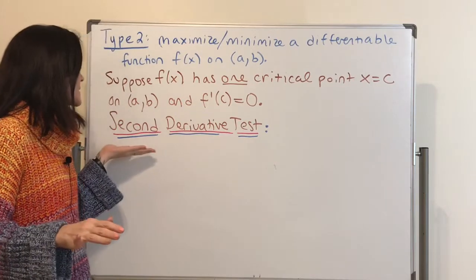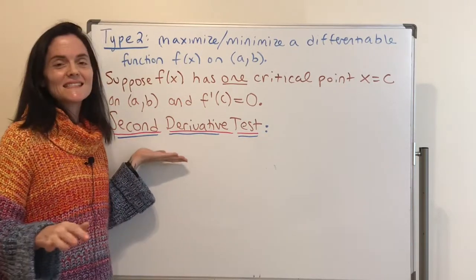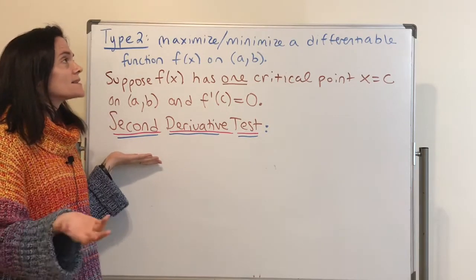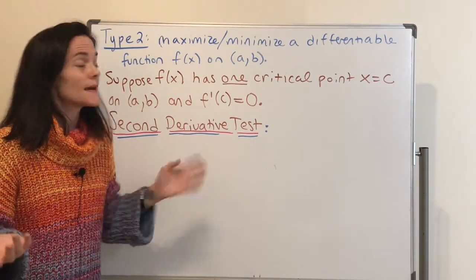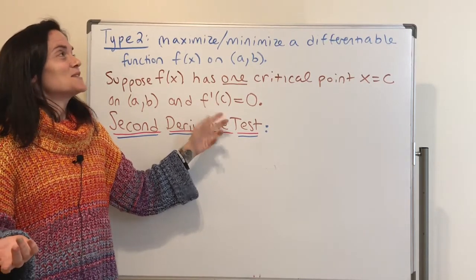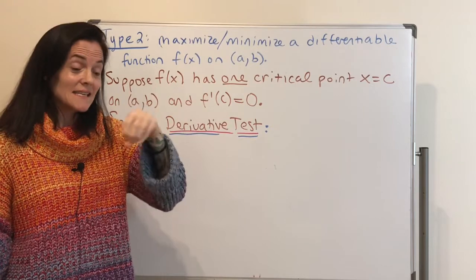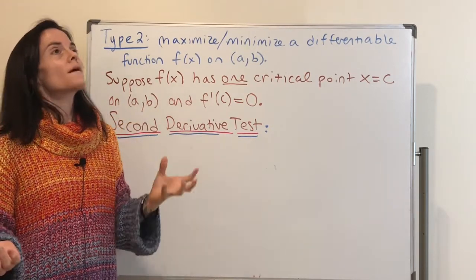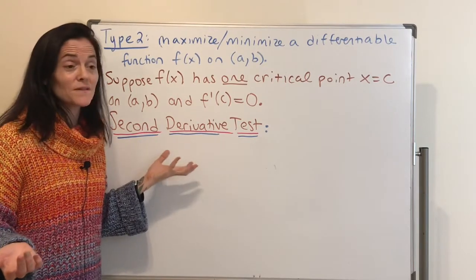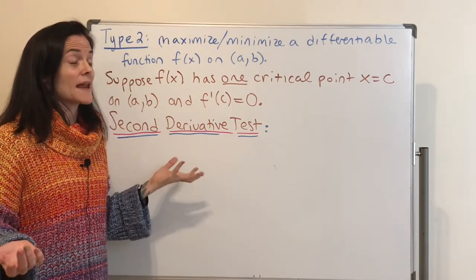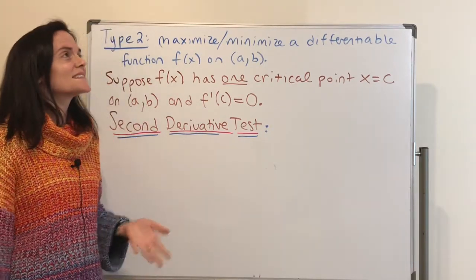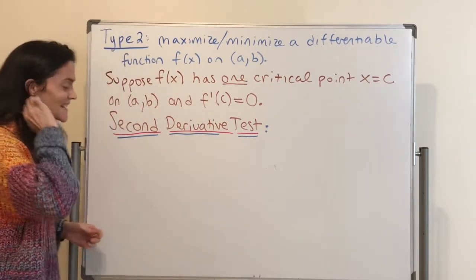And one reason I personally don't mention the second derivative test in the very beginning of the semester is because you can't always use it. I've already mentioned one place that you can't use it, which is when the derivative doesn't exist at the critical point, but there's more. So you will have times when the second derivative test doesn't apply, and if that happens, then your option is to go back and use the first derivative test. In any case, let's discuss this now.